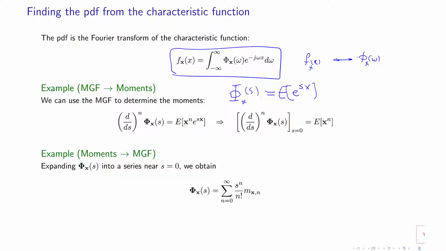Now, if I calculate the derivative of this function n times with respect to s, because this is an expectation, and the expectation here is an integral, and integral and differentiation are both linear operations, you could change the order.